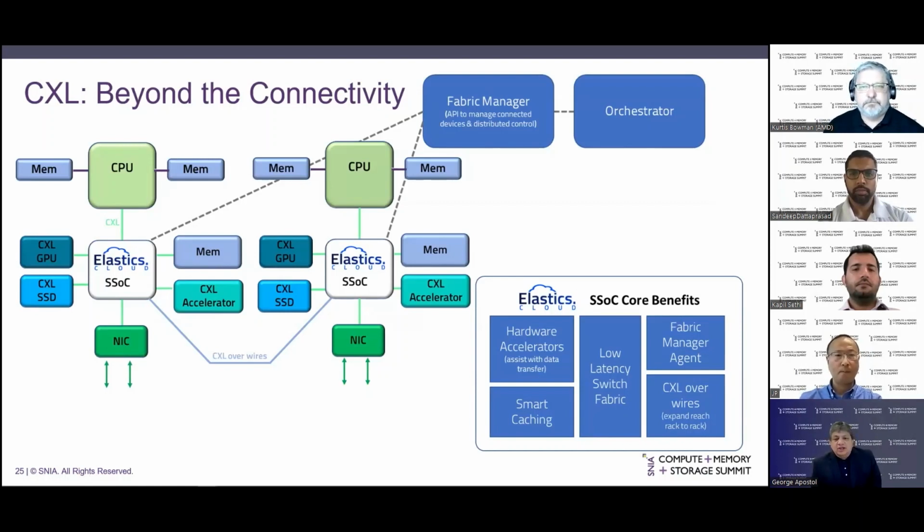So as we started looking at CXL and the capabilities of CXL, what we saw was it really expanded on the capabilities that we looked at while developing PCI Express. The challenge that we had with PCI Express was how to bring that technology up into optimizing the overall system level connectivity and performance.